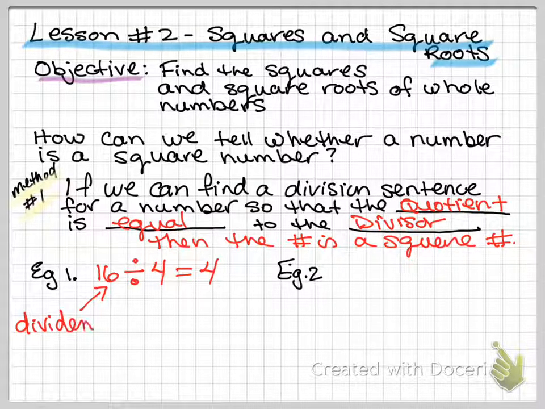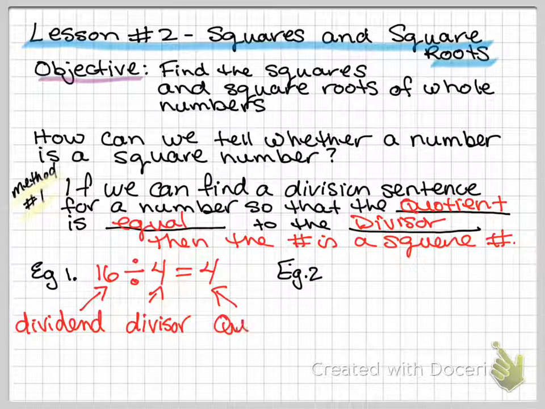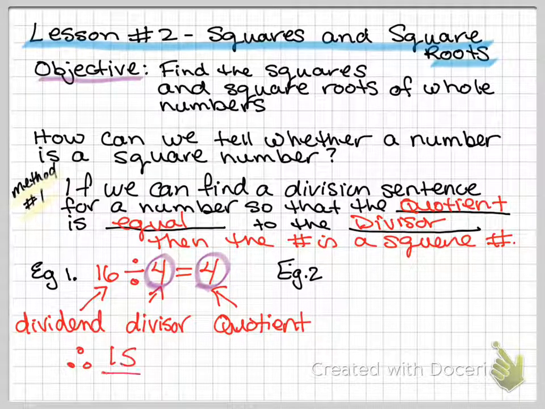So if I have the dividend, and I'm dividing that by a divisor, and my quotient is the answer to a division sentence. In this one, the divisor is equal to the quotient, so therefore it is a square number.